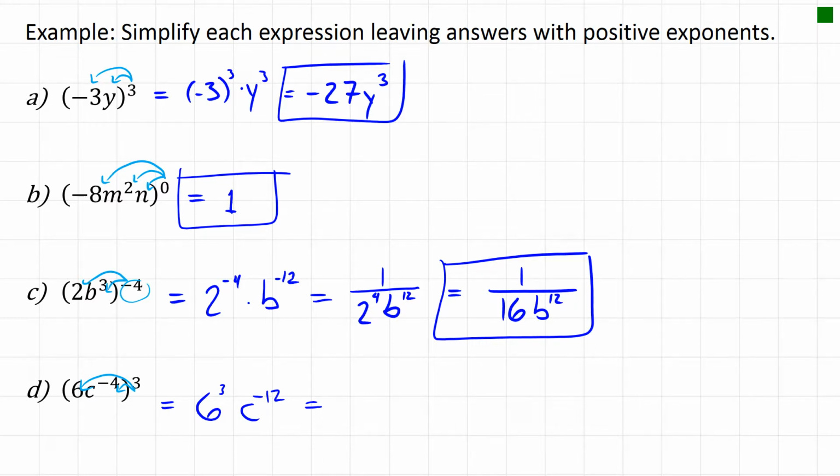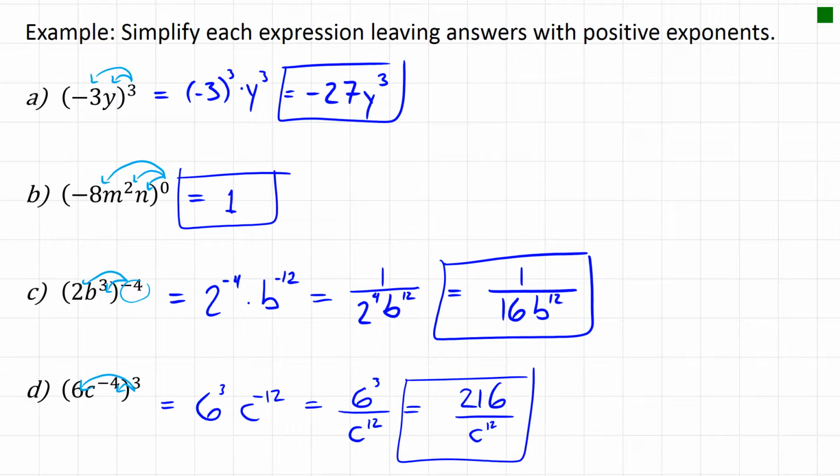So the 6 cubed I'll leave on the top of the fraction, and I'm just going to toss that c to the power of 12 into the bottom of the fraction, and that's equal to 216 over c to the 12. I do not have 6 cubed memorized. I just had to plug that into my calculator to see what I would get. So don't worry, you don't have to have things like that memorized.